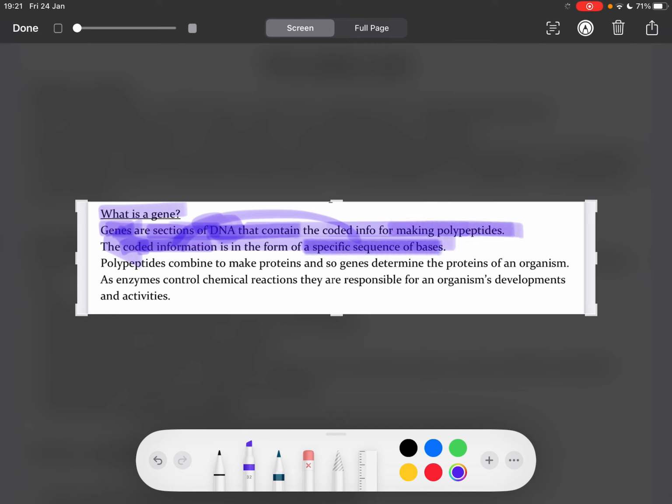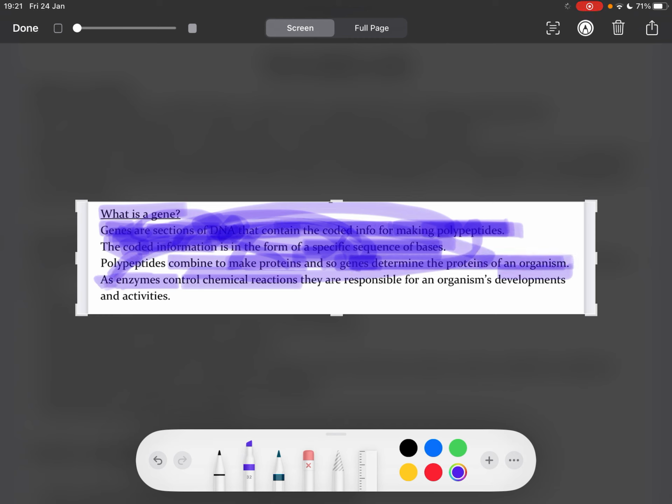The polypeptides made from the genes combine to make proteins, and so the genes determine the proteins of an organism. Enzymes, which are basically proteins, control the chemical reactions responsible for an organism's development and activities.